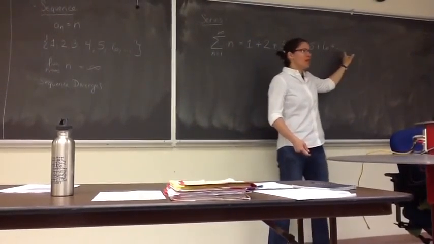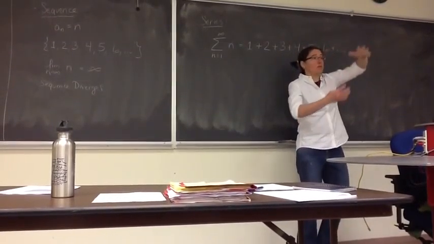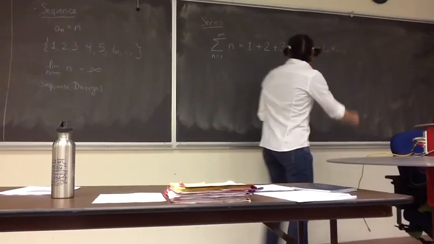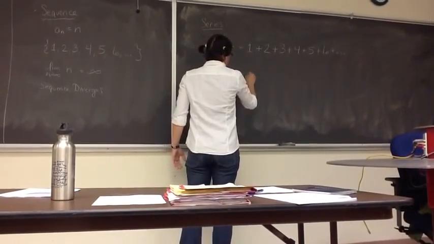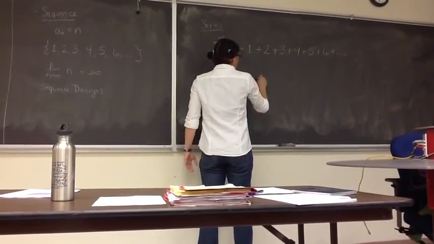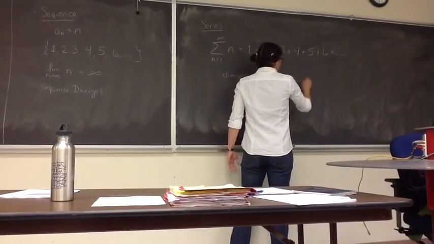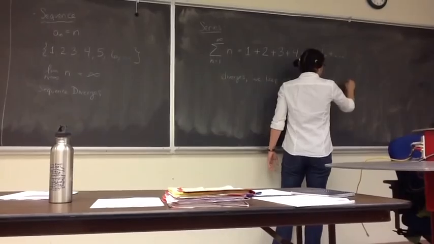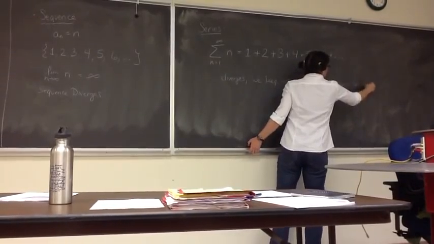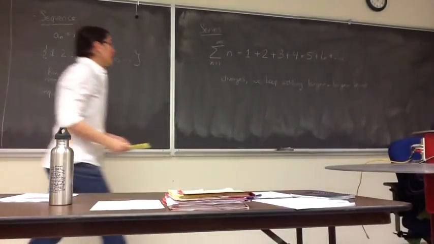As we add more and more terms, this sum is just going to blow up in our faces, and so this series diverges. We keep adding larger and larger terms. All right, so that's fine.